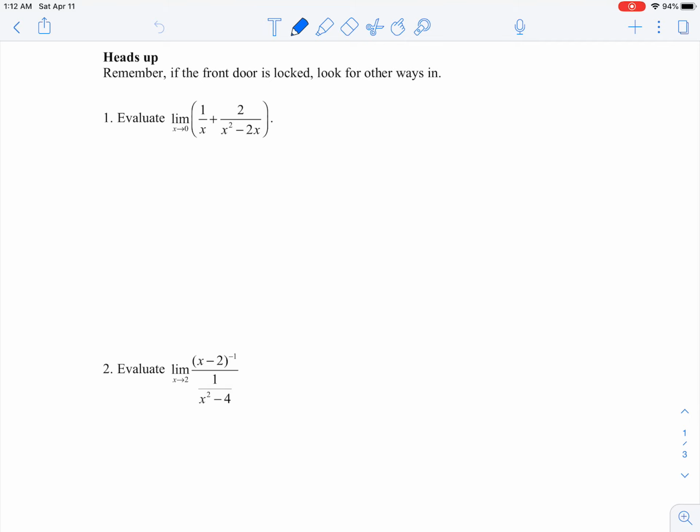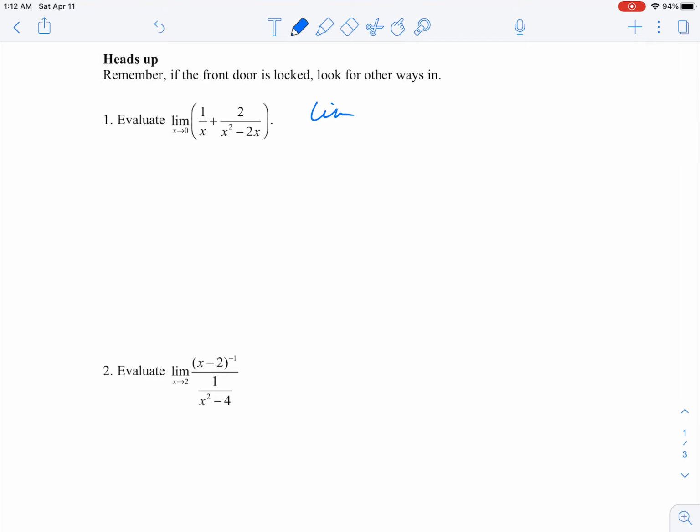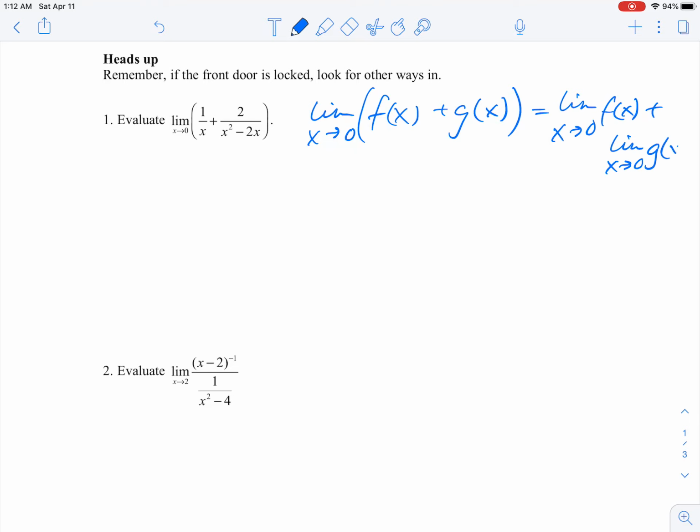Let's start by evaluating the limit as x goes to 0 of 1 over x plus 2 over x squared minus 2x. Now, it's very tempting, and you should be doing this, to first think, hey, can we evaluate this using the limit of the sum being equal to the sum of the limits?